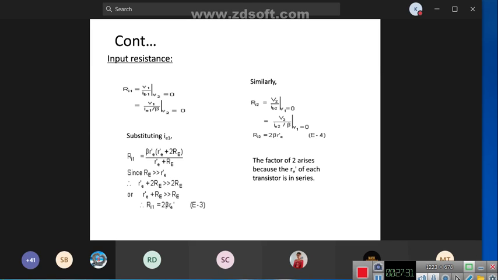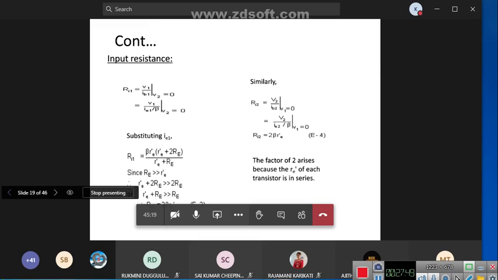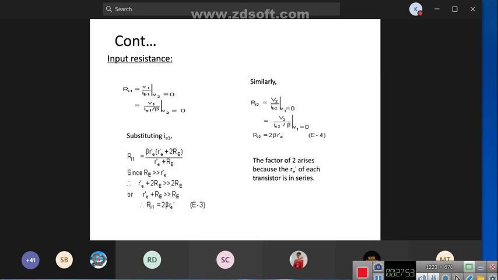So substitute here IB1. IB1 equal to IE1 by beta. When V2 equal to 0, then you will get the input resistance RI1 equal to beta RE dash into (RE dash plus 2RE) by (RE dash plus RE).